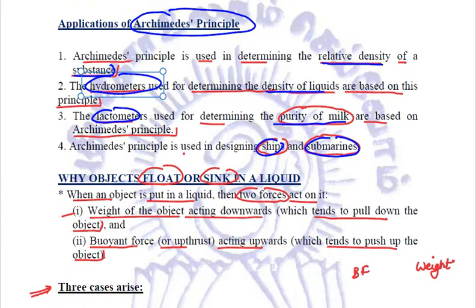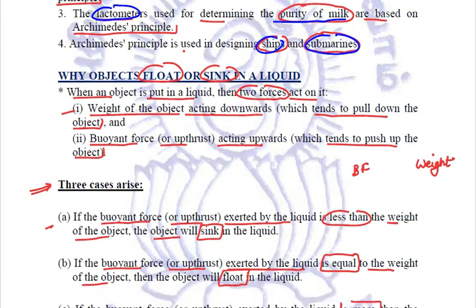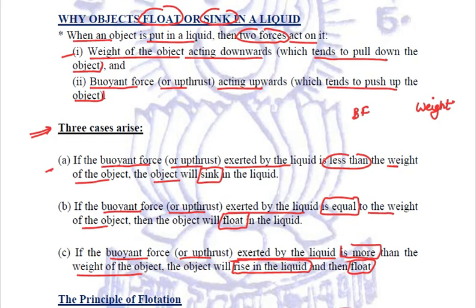Next, the principle of flotation that we studied. These three cases are quite important. Number one, if the buoyant force is less than the weight of the object, the weight is more, with which the object is pulled down. So that is why it is going to sink.